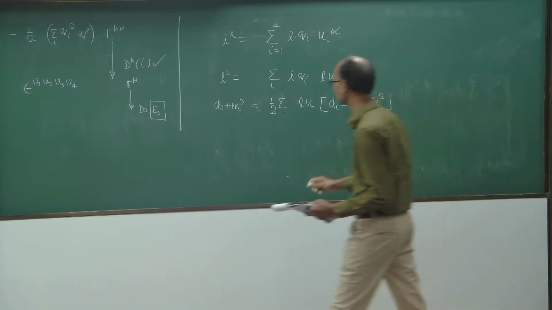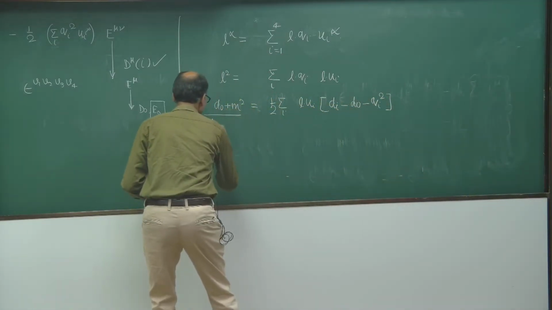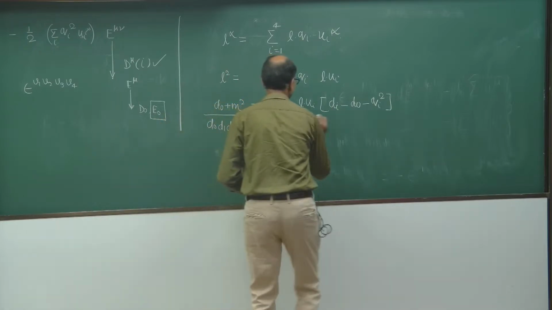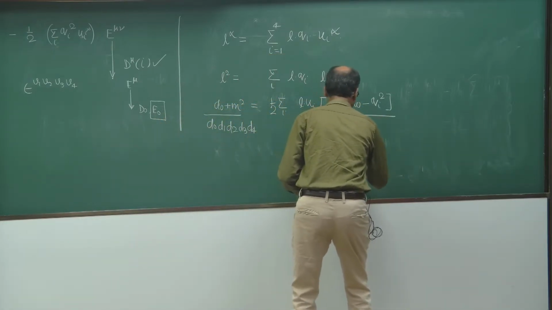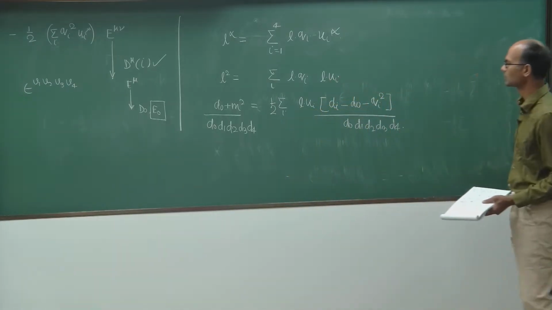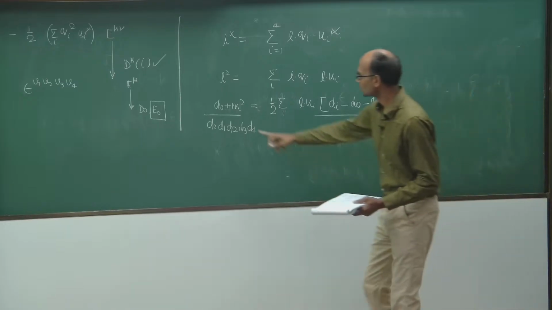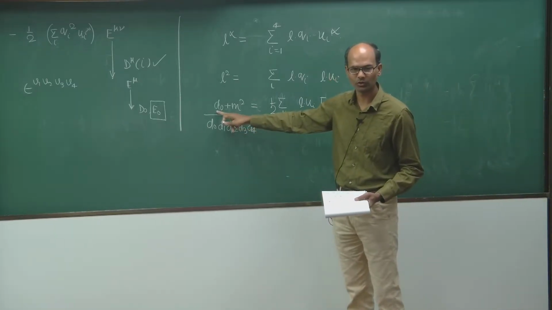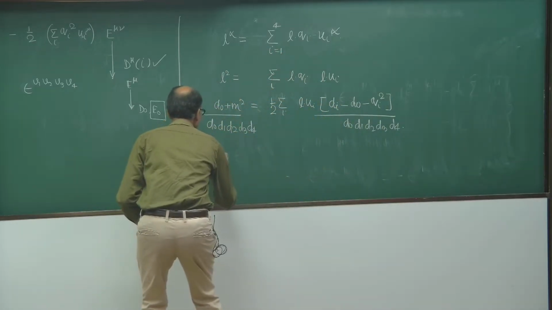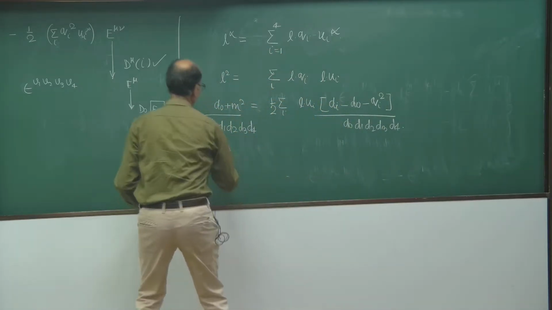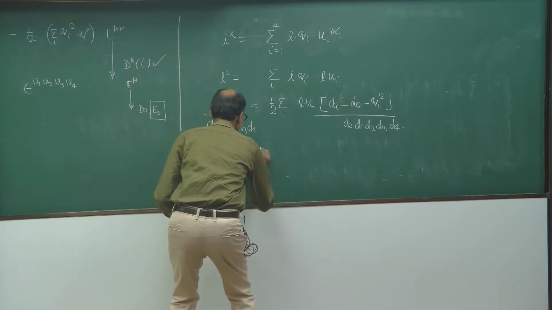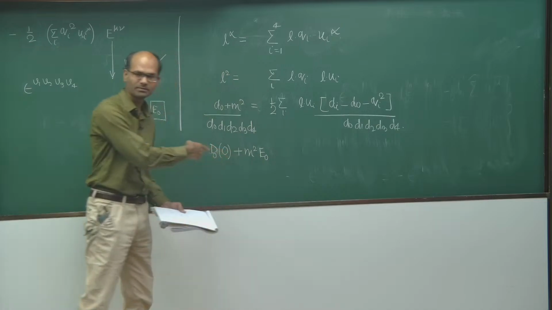That integration we will not write; we will just write this part with the understanding that it is always integrated out. The first term is your D with the missing propagator d0, plus m squared E0, the object in which we are interested.